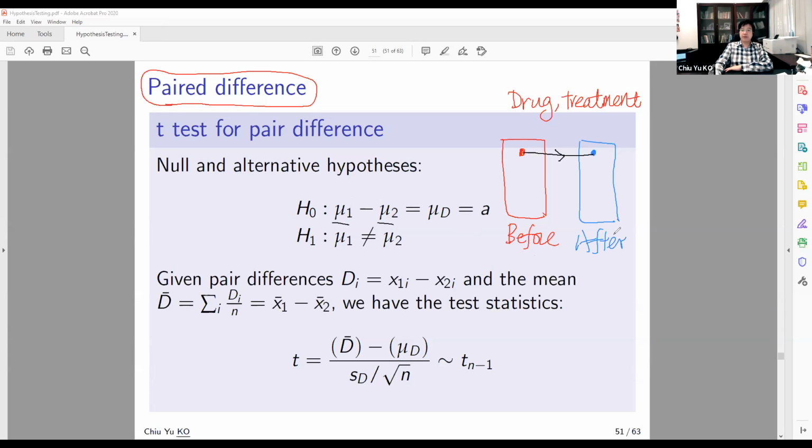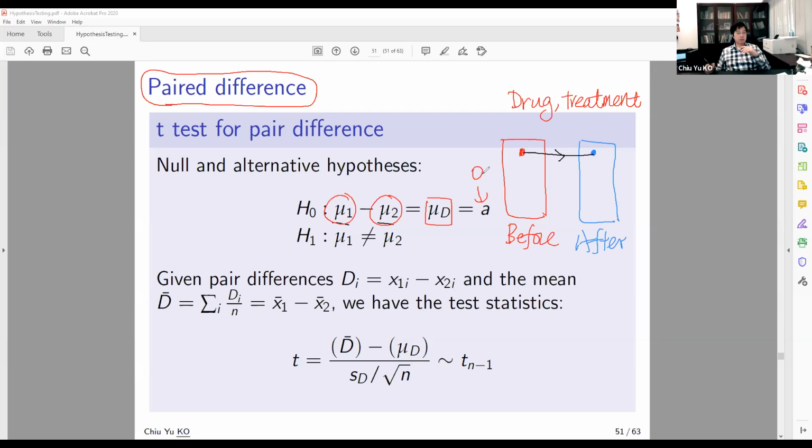Usually it's a before and after, and you hypothesize the difference is equal to some difference, usually 0. But sometimes you can say there is some difference because you know the difference. But most likely that would be 0.